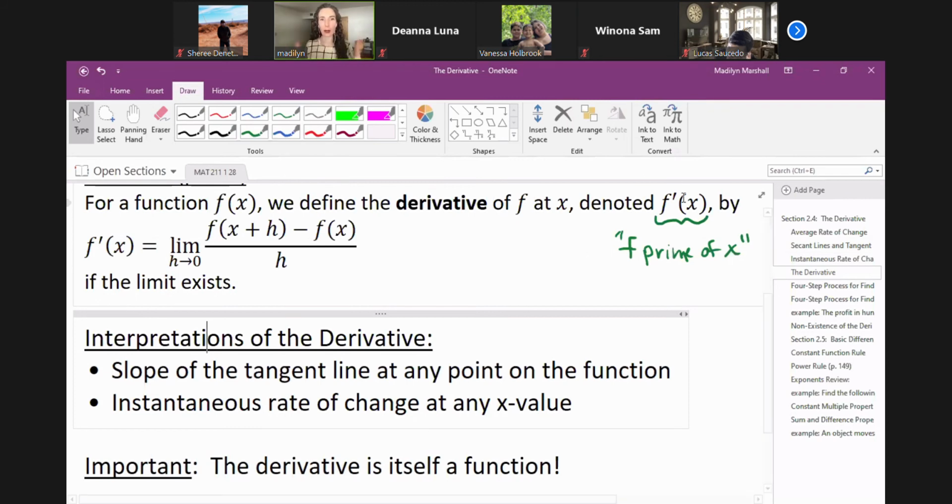So f prime of x is its own function. Most of the time we will be taking a derivative as a function, and then we can use that to plug in x values if we want to know instantaneous rates of change at certain times. So we can use it just like we would a normal function.